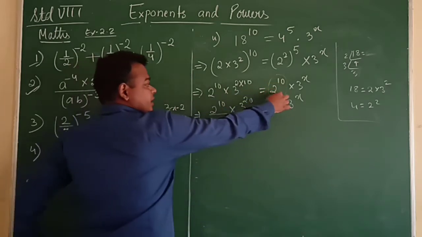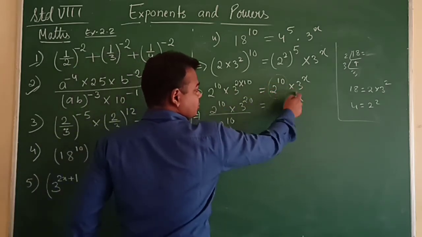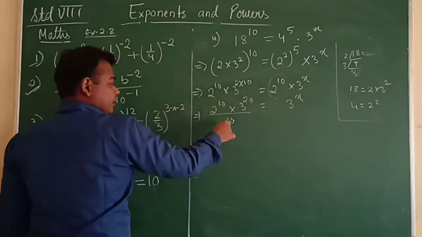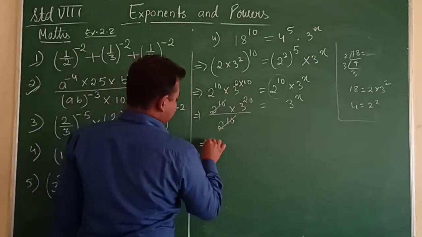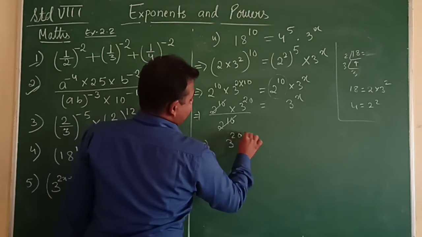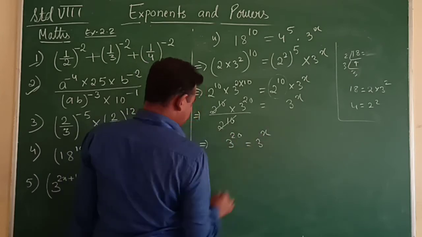Here it is in the form of multiplication, and on this side it will be in the form of division. 2 to the power 10 and 2 to the power 10 get cancelled. So 3 to the power 20 is equal to 3 to the power x.